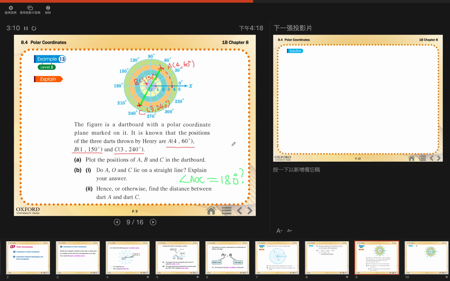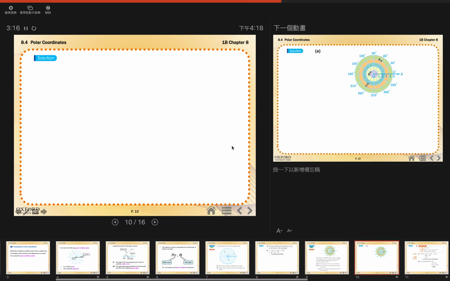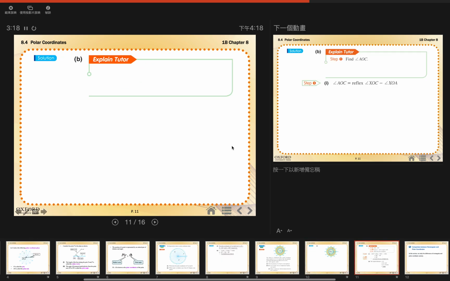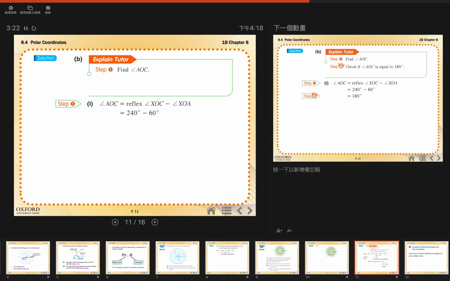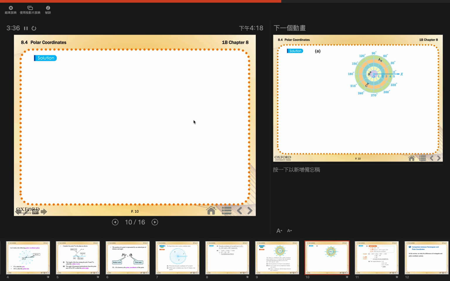And that's why maybe I try to go to the next slide to let you look at the solution about part B. You can see that here we can calculate the angle AOC by using the reflex angle XOC and then minus the angle XOA. Why do we have to do it this way?